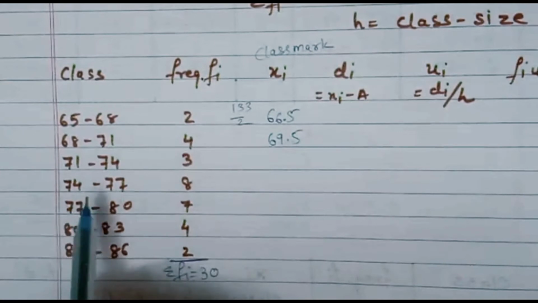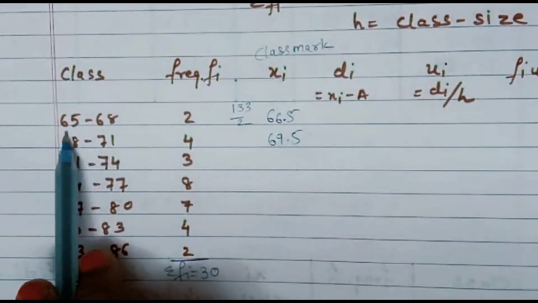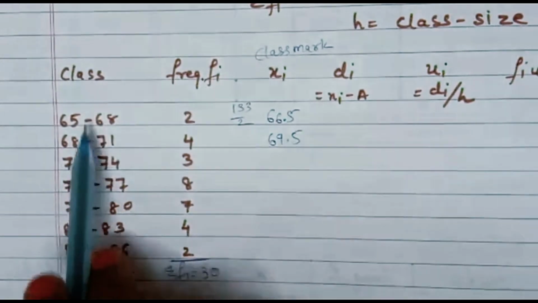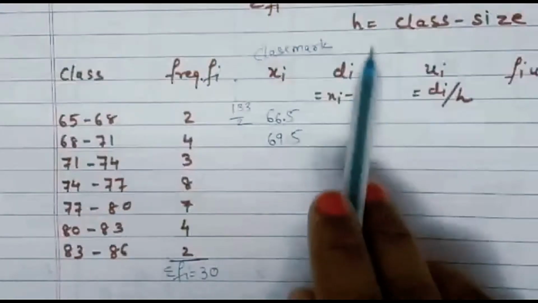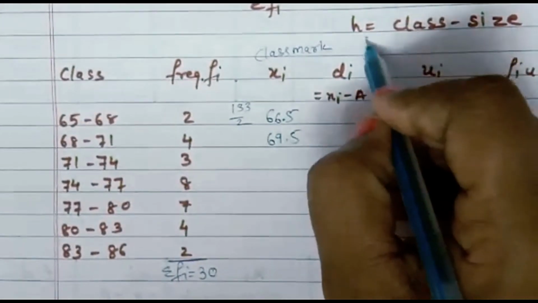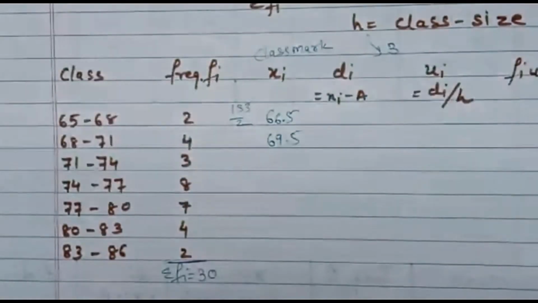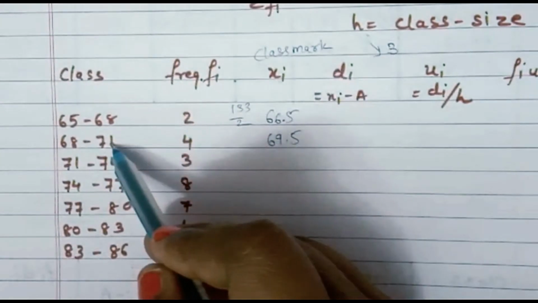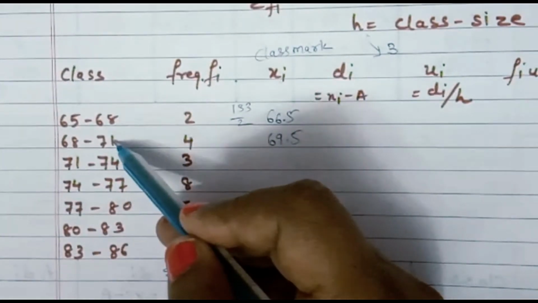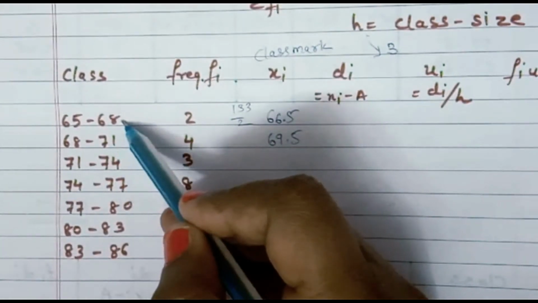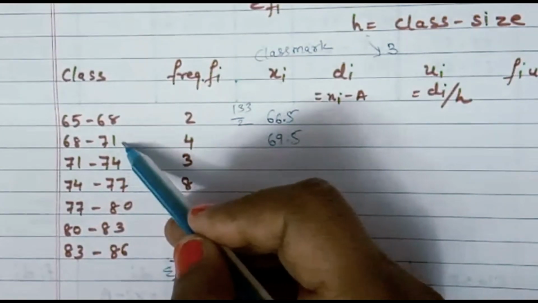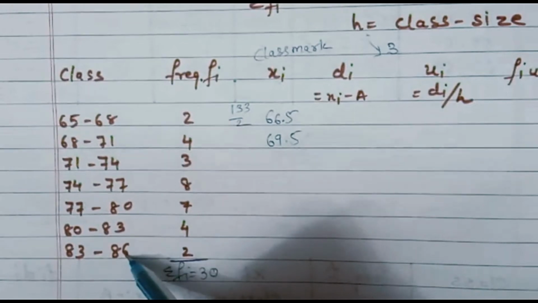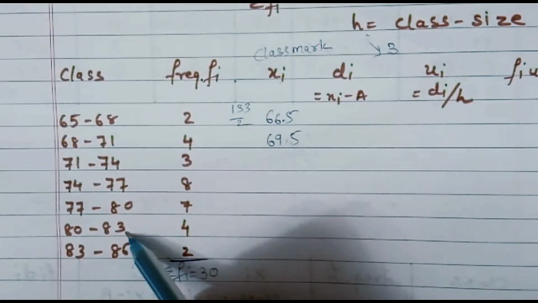If we keep on subtracting lower limit from upper limit, we'll get 3. That means these classes have equal class size, so the value of h over here is 3. The value of h can also be obtained this way: 74 minus 71 is also 3. You can take any two consecutive classes. 86 minus 83 is also 3.